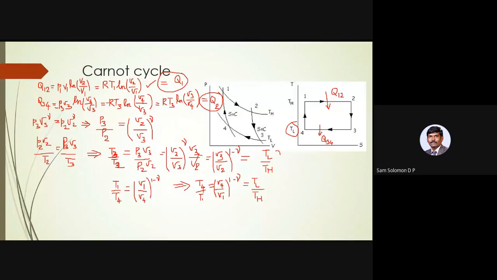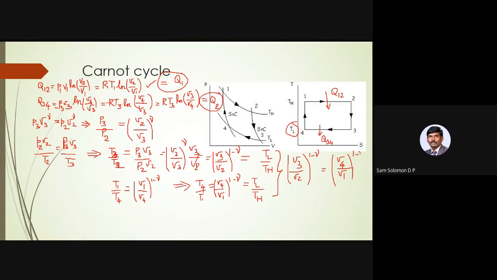So from these two equations, I can infer that V3 by V2 whole to the power 1 minus gamma is equal to V4 by V1 whole to the power 1 minus gamma.